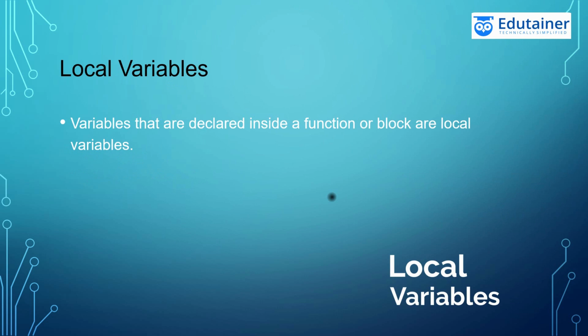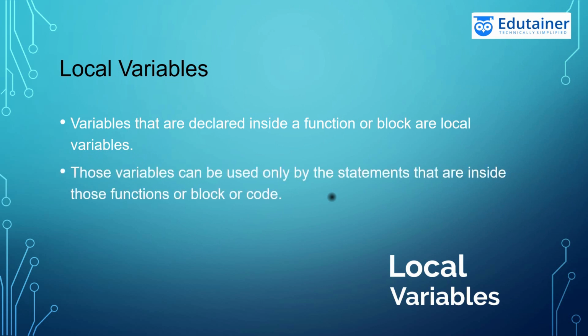So, these variables that are declared inside a function can only be used by the statements that are inside those functions or block of code. So, these variables can only be accessed by those statements that are inside those functions only.